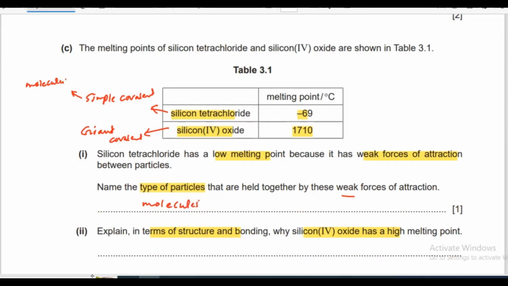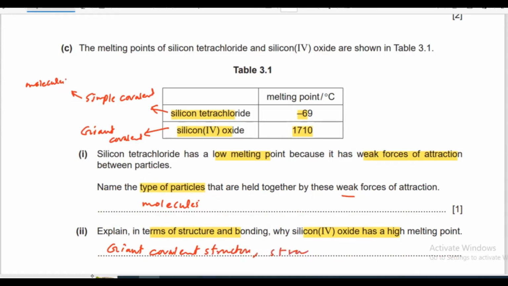And explain, in terms of structure and bonding, why silicon dioxide has a high melting point. Silicon dioxide is a giant covalent structure.